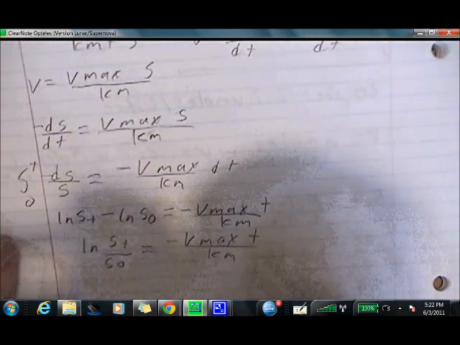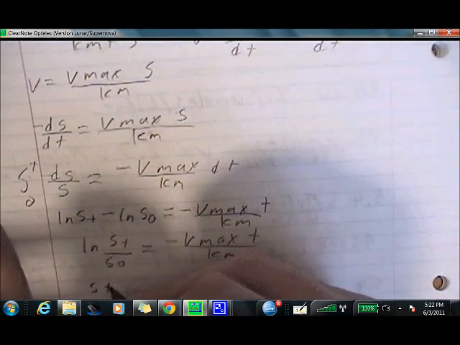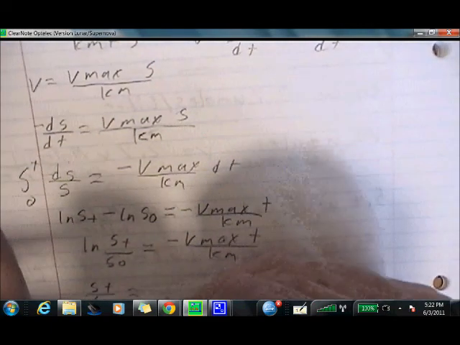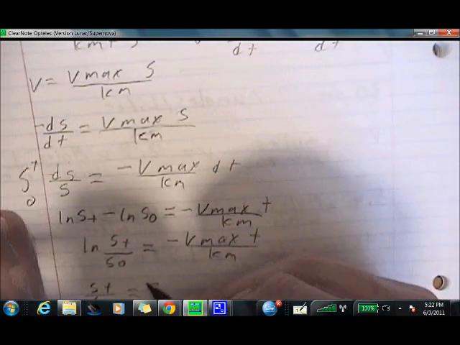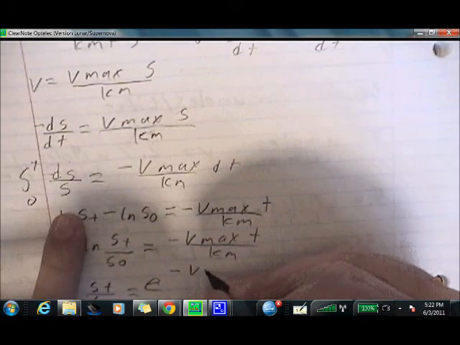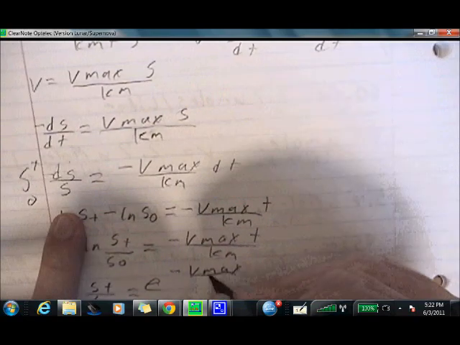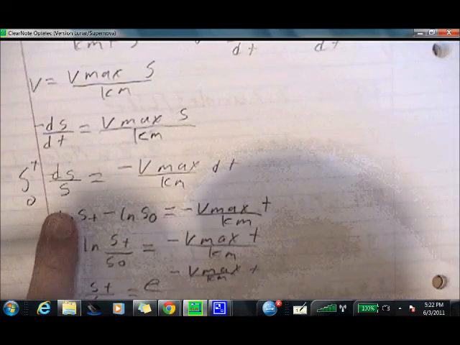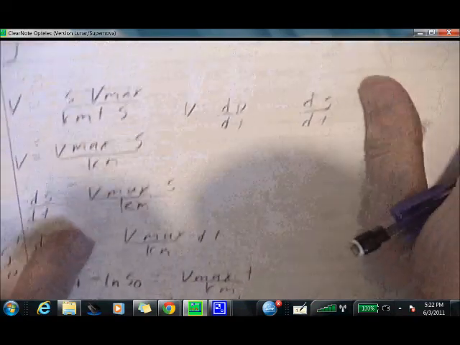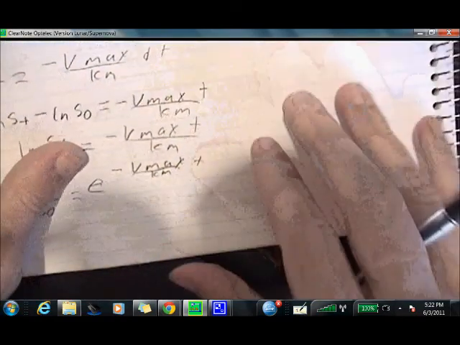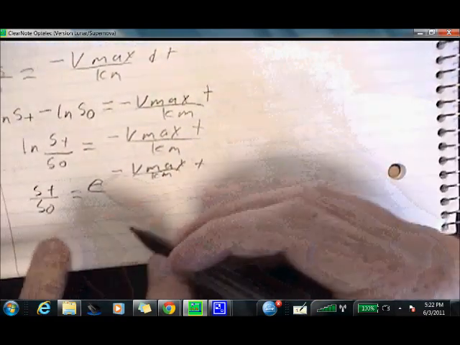I'm going to raise this. So this is going to be e to the negative V max divided by Km T. And I'm going to multiply.